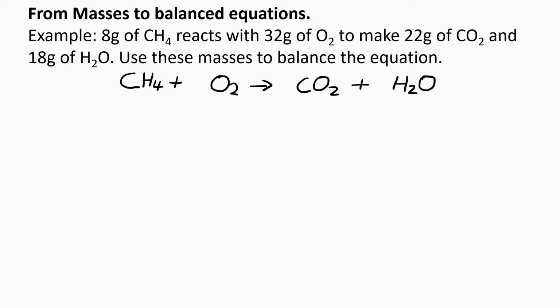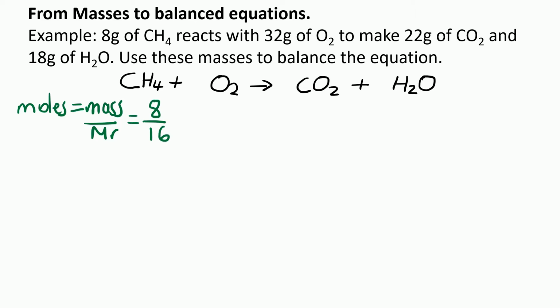We then use those masses to work out the moles of each formula in the equation. So remember, moles is mass over Mr, which we've seen many times now. For CH4, that would be 8 grams divided by 16, because the Mr of CH4 is 16, 12 for carbon and 4 ones for the hydrogen.